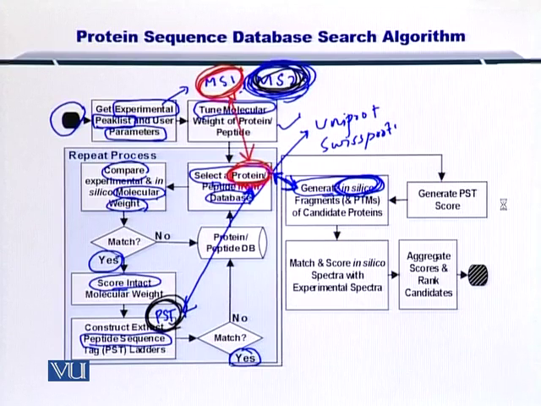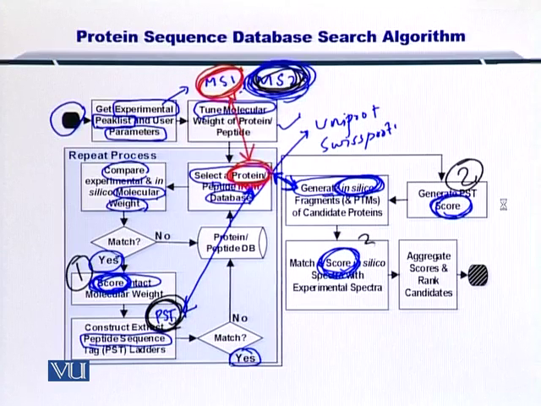Of course, during this process, you have to create scores at each step, here, here, and here. These three scores, 1, 2, and 3, you have to aggregate and then arrive at a final list of candidate proteins. In this way, you can integrate the molecular weight, the PSTs, and in silico fragmentation into one big system that can help you to identify proteins.